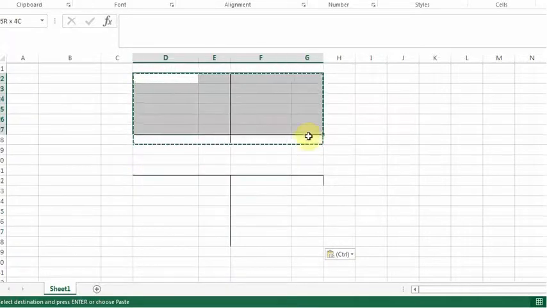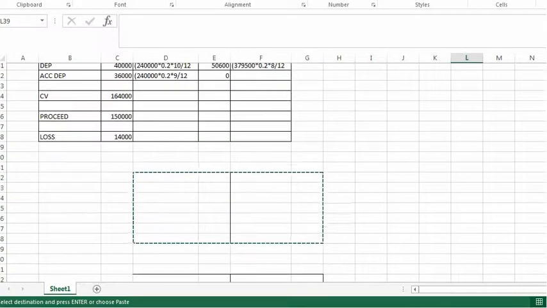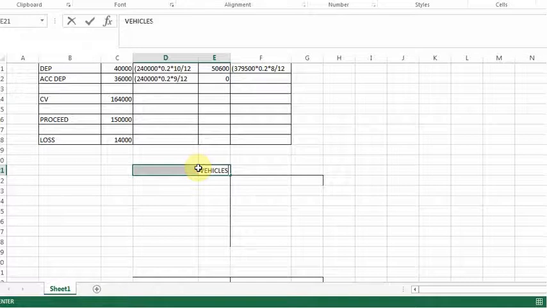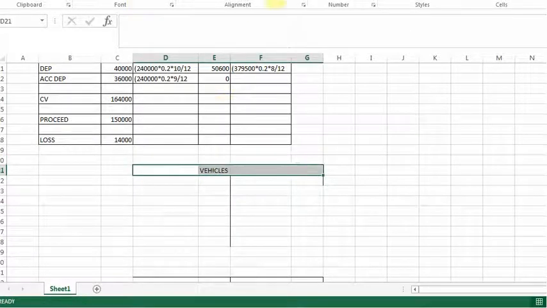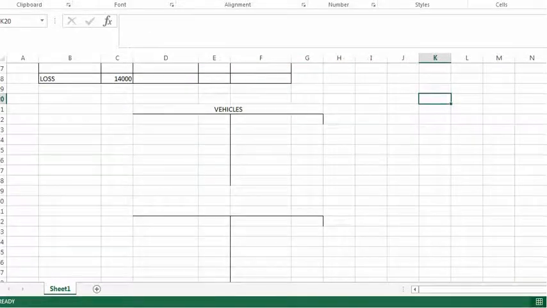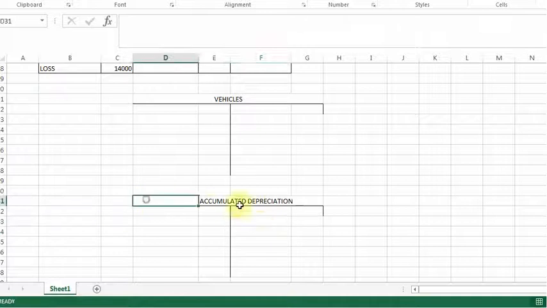Right, the required was then your vehicle account. There I'm just going to center. Then we need an accumulated depreciation, and we also need an asset realization account.